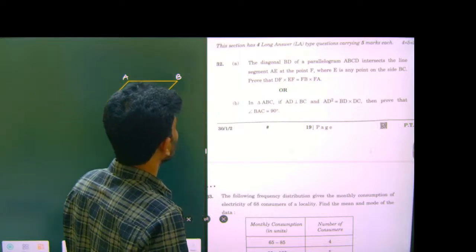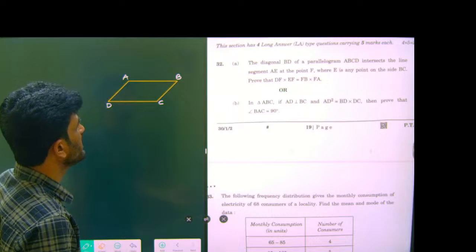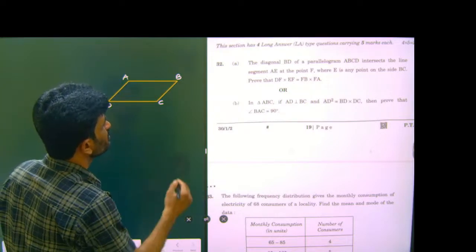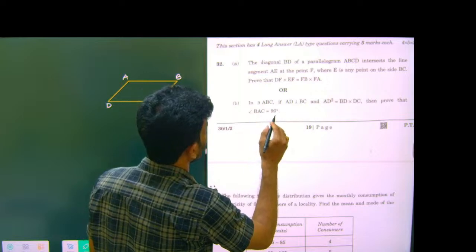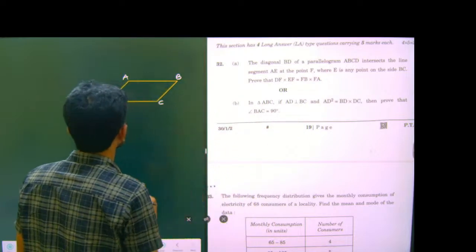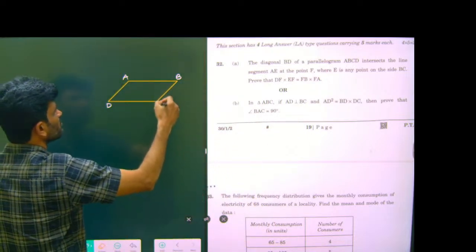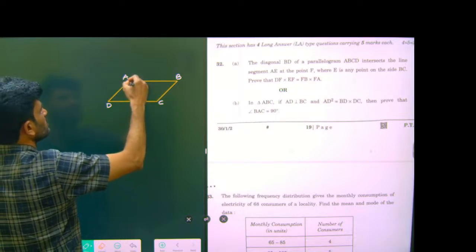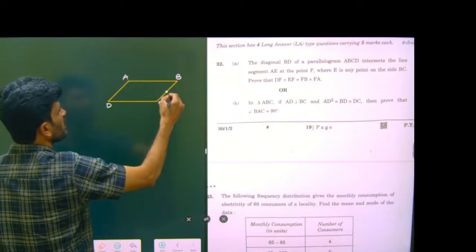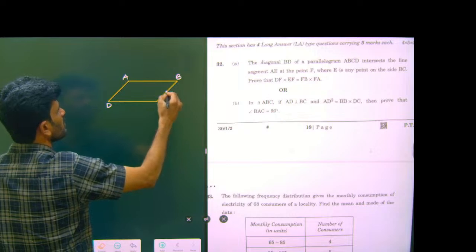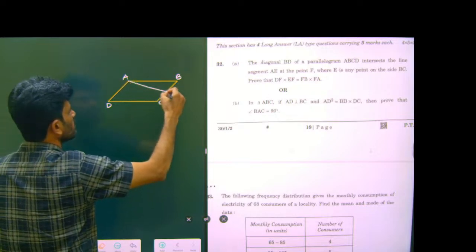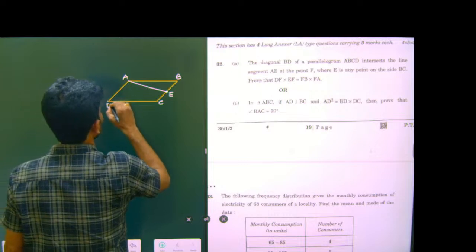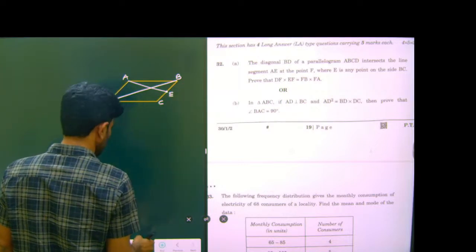BD is a diagonal of the parallelogram ABCD intersecting the line AE. So where is AE? E is any point on BC. So this is BC. We have to join AE like this. Take any point E on BC, then join AE. That is AE. Now join BD also. Then you will understand what to do here.